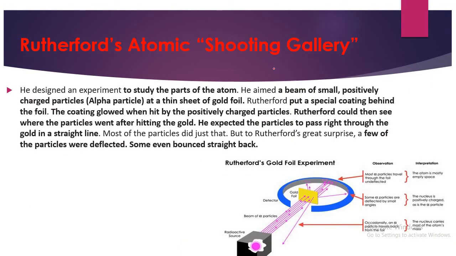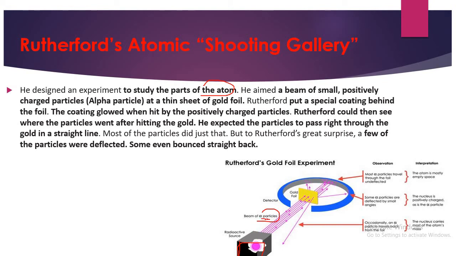Rutherford designed an experiment to study the parts of the atom. He passed a beam of small positively charged particles, called alpha particles, at a thin sheet of gold foil. Here is a radioactive source that emits alpha particles.